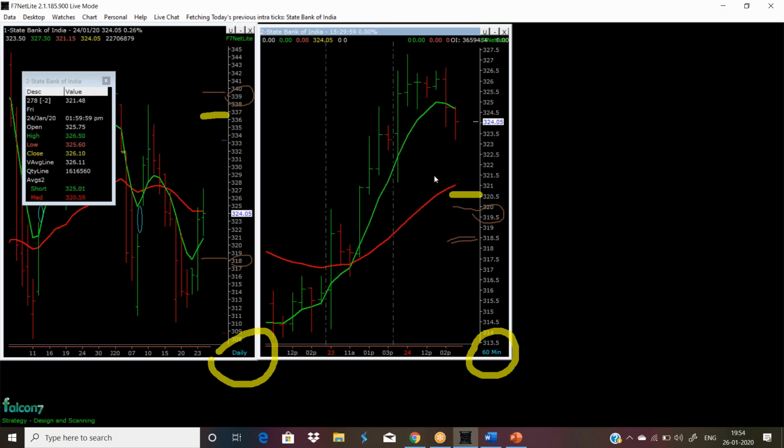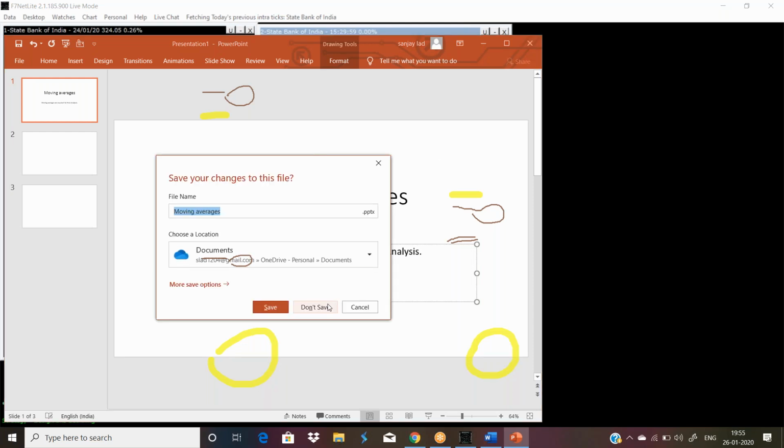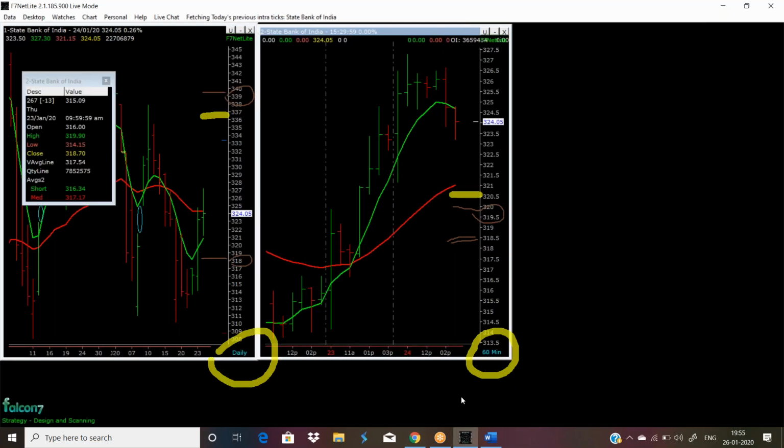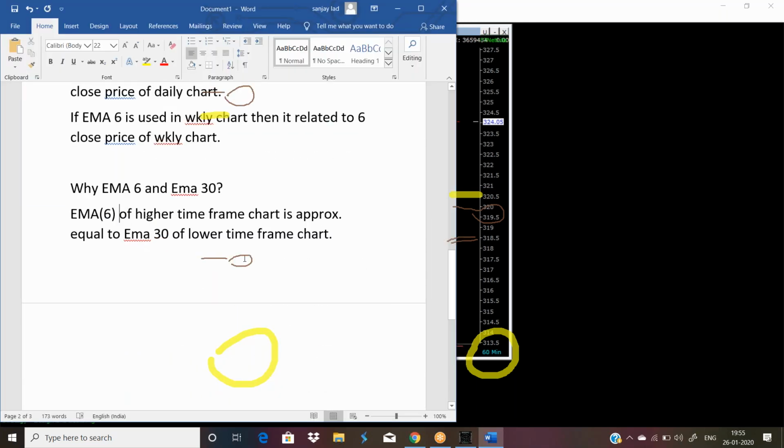And if you check the red value here, it is 321 point something. Right? So it is approximately equal, not exactly. It can't be exactly equal. So these values are approximately equal. This is the mathematical calculation.